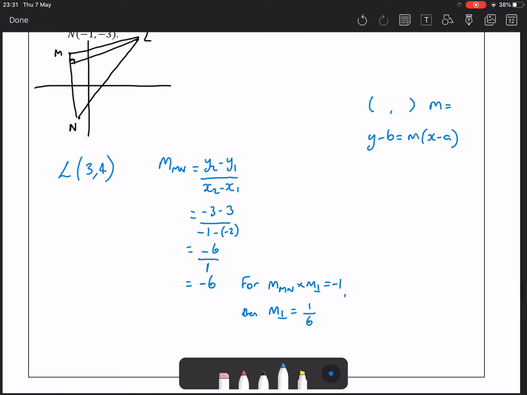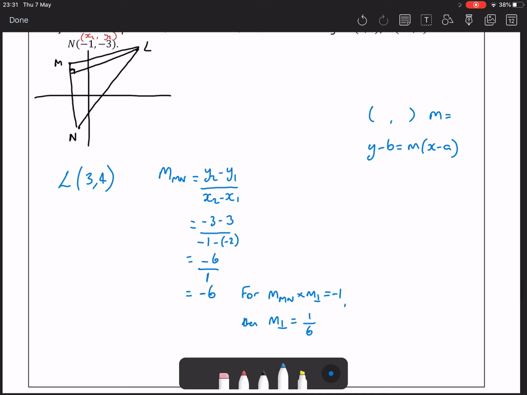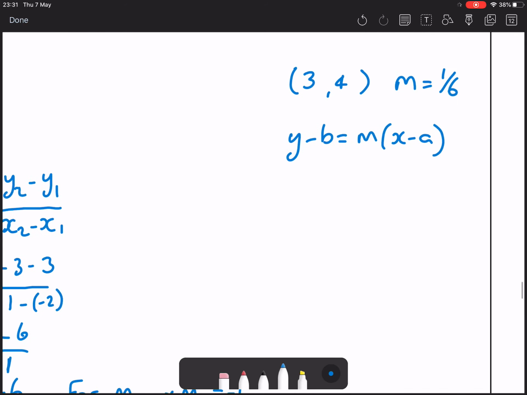So for my altitude from L, I have a point that we go through, it's (3, 4). I have my perpendicular gradient, which is a sixth, and my straight line equation: y minus 4 is a sixth of (x minus 3).